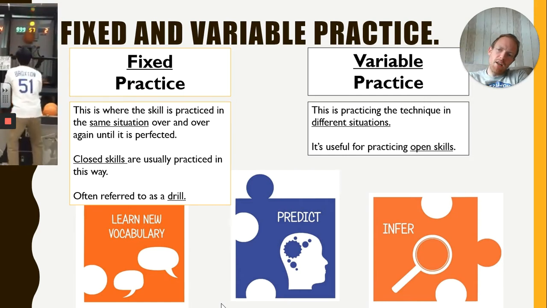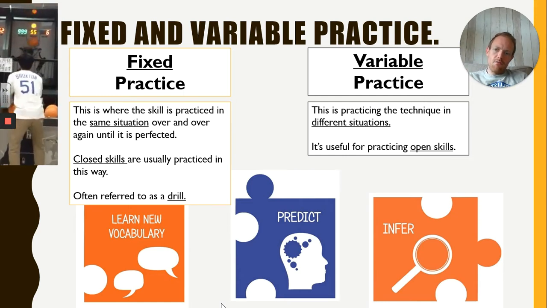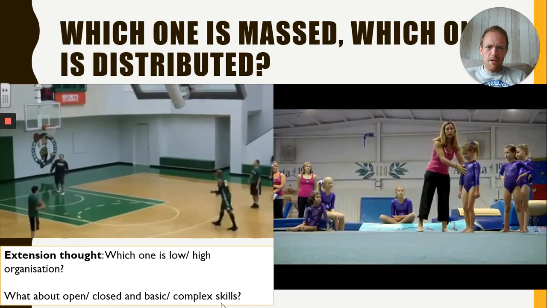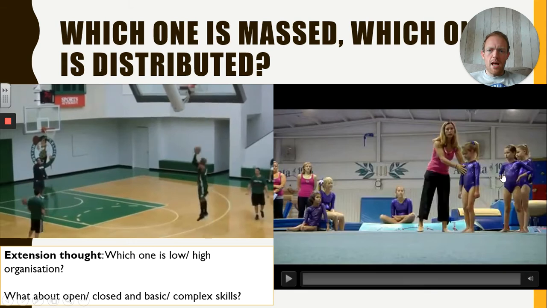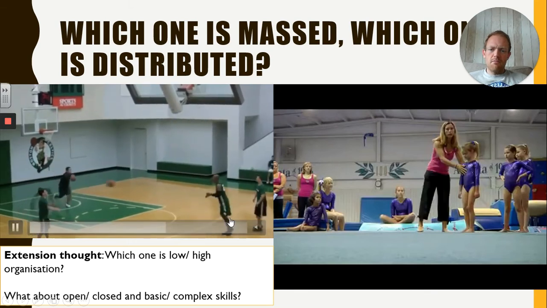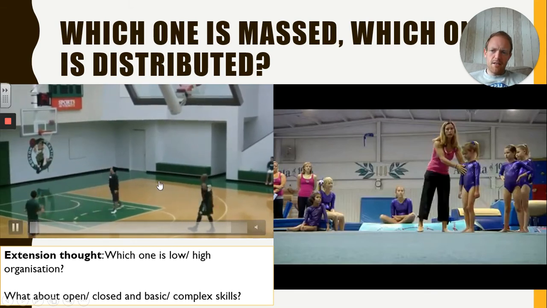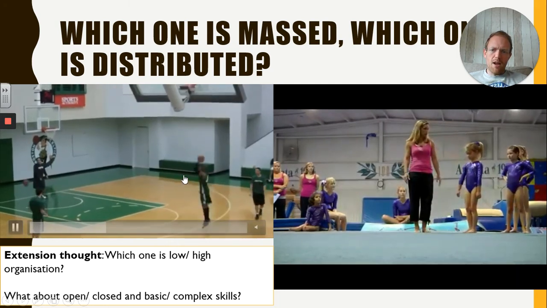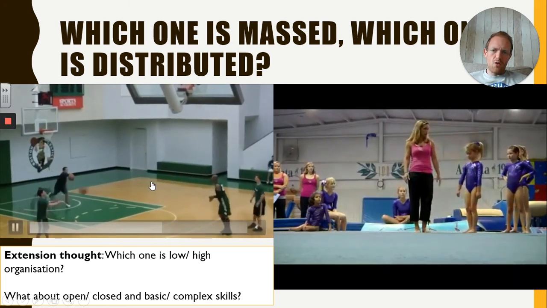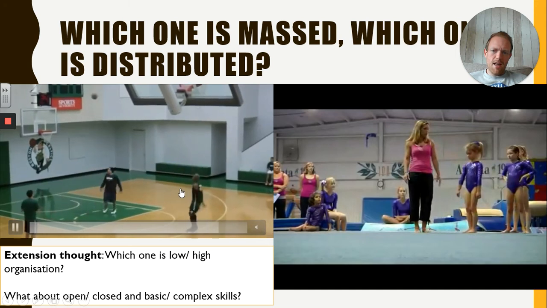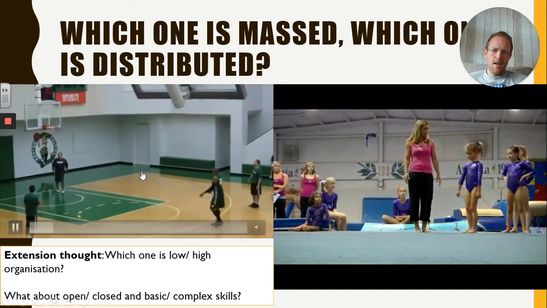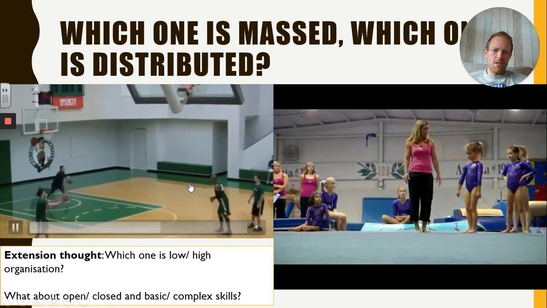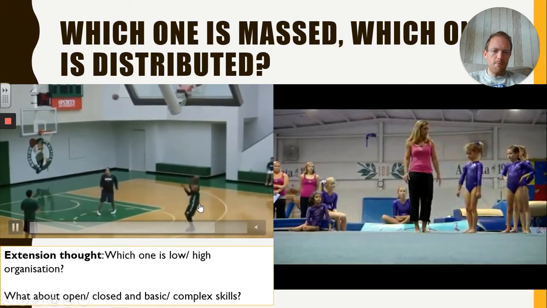So let's say this guy doing the free throws, that's a fixed practice. But if he was just to move around, if you can look where my mouse is, the edge of the 3-point line, it would start to become a variable practice, because he's doing it from a different scenario, but using the same skill.